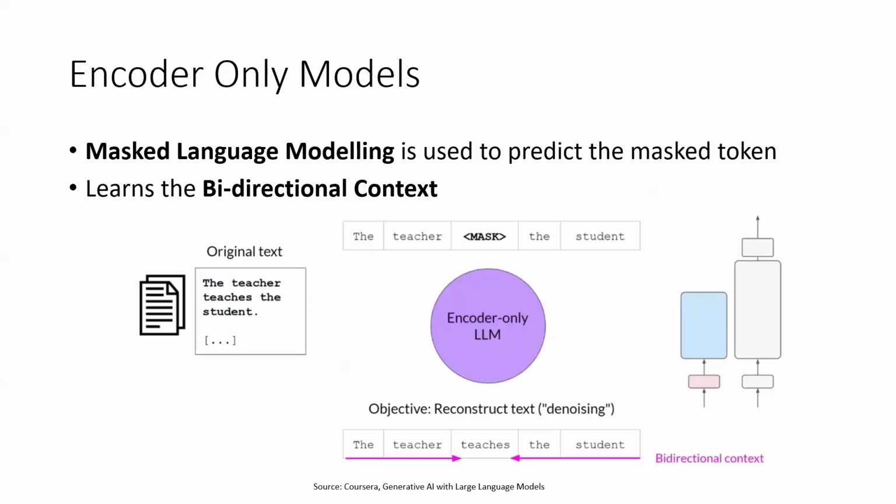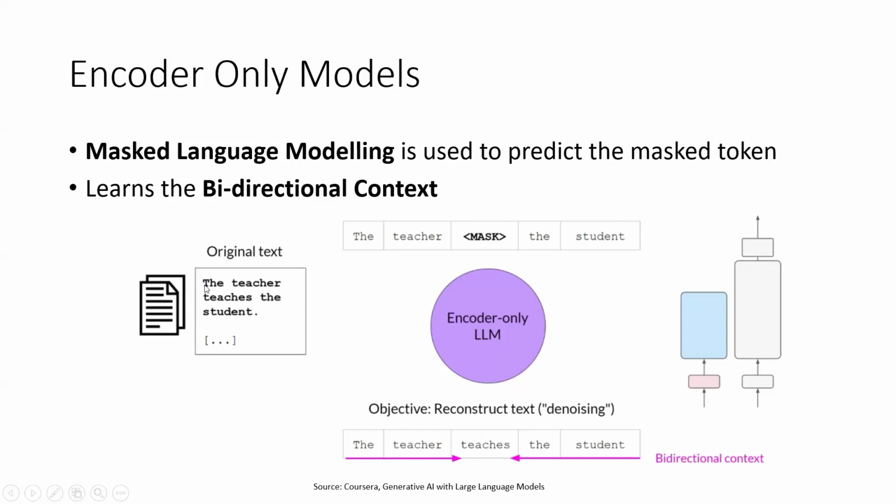If you are using an encoder-only model, you have to use masked language modeling, where you randomly mask some of the tokens in the original text and try to predict the masked token. That is known as the masked language model, and it is used for training the encoder-only models, right?